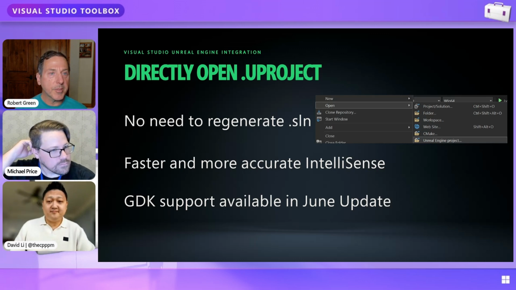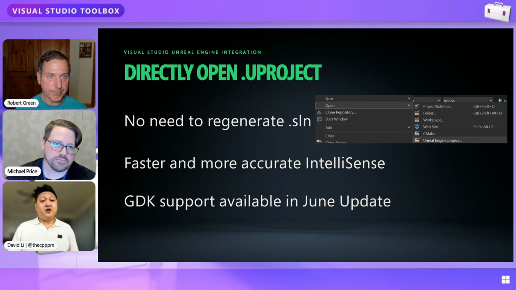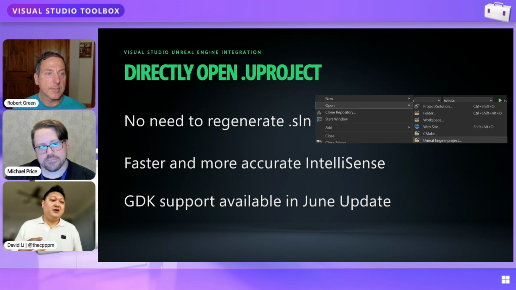Just to review, what did people used to have to do, and what can they now do? The current way of working on Unreal Engine projects is you would either get your source from the marketplace or GitHub. You then need to build it using the Unreal Build tool and generate a Visual Studio solution. And once that happens, then you can open your Visual Studio solution.